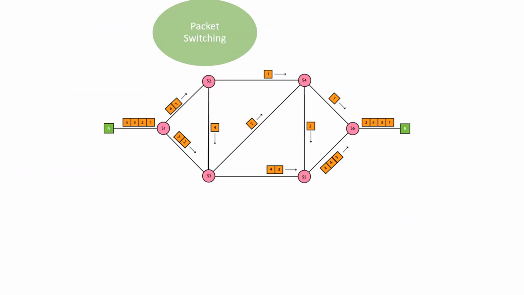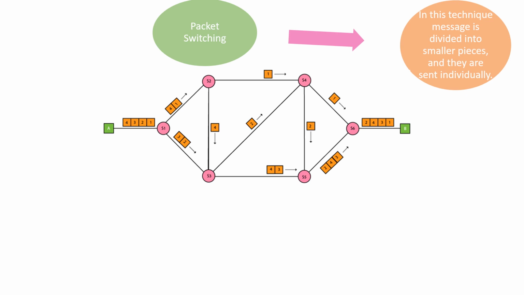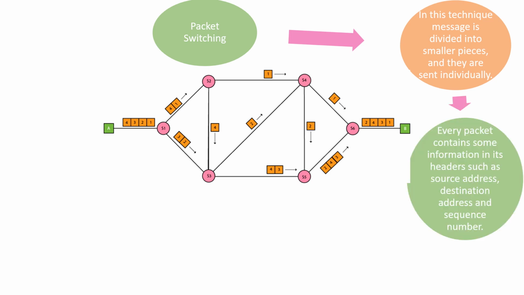Next technique of switching is packet switching. In this technique, the message is divided into smaller pieces called packets and are sent individually. And every packet contains some information in its header, such as a source address, destination address, and the sequence number.